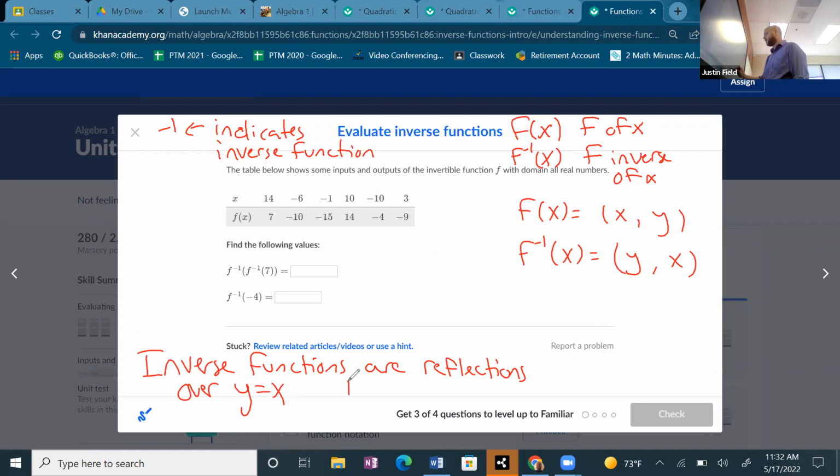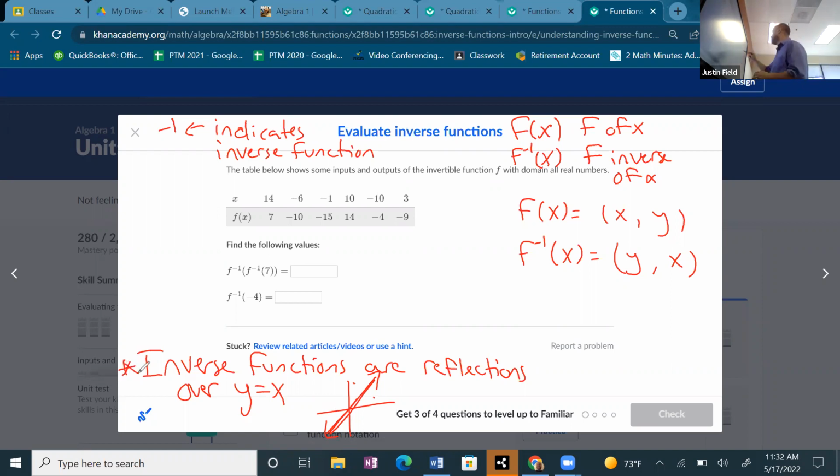The line y equals x, we know, is a line with a slope of 1 and a y-intercept of 0, right? If you reflect a point across that line, those 2 points are inverses. If you reflect a function across that line, you got inverses. Okay, but that's just some background knowledge.